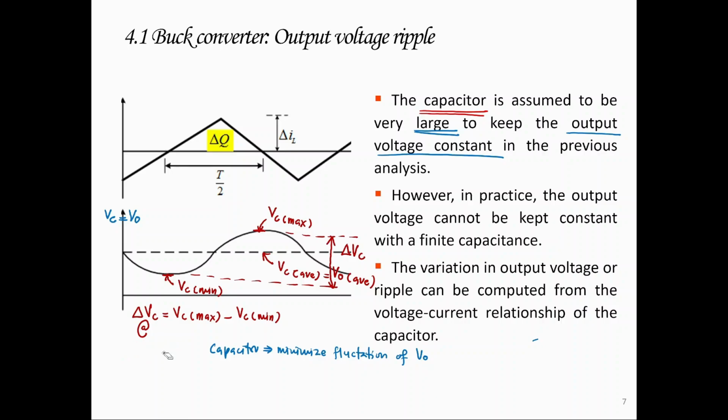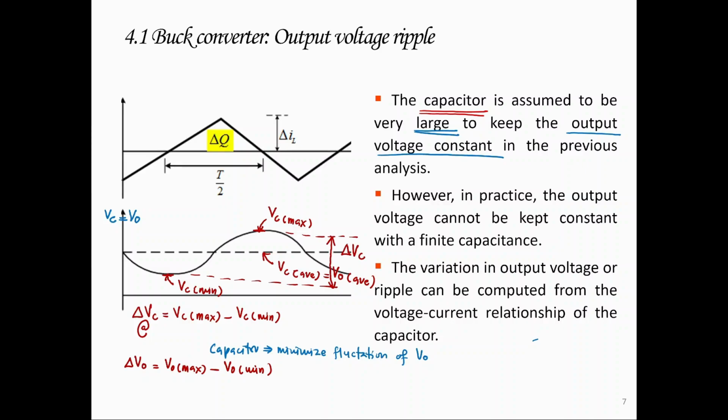So I write a bit down. So delta V out will be equals to V out max minus V out min. Right. So from this capacitor voltage waveform, you'll be able to get this information. Yeah? So the capacitor voltage will be equals to your output voltage V out.